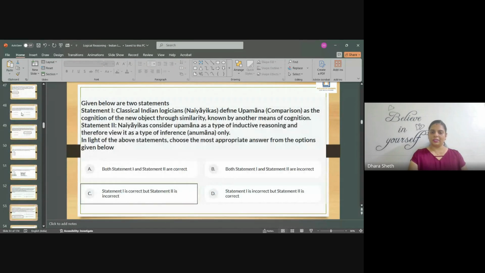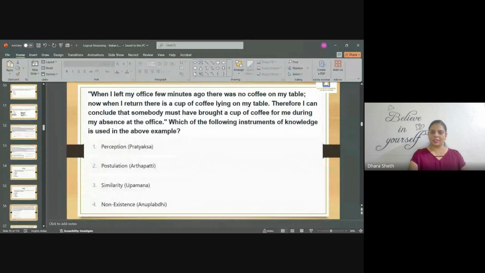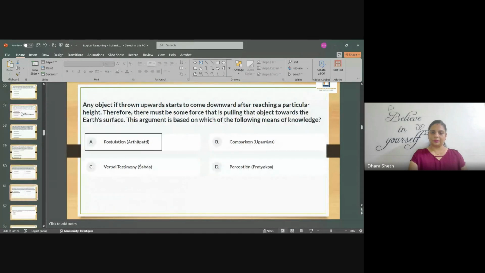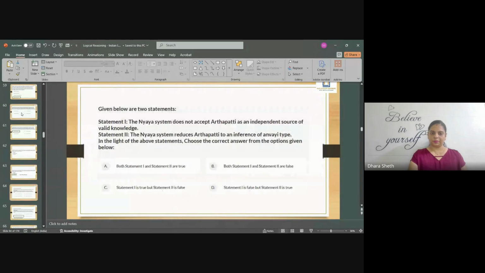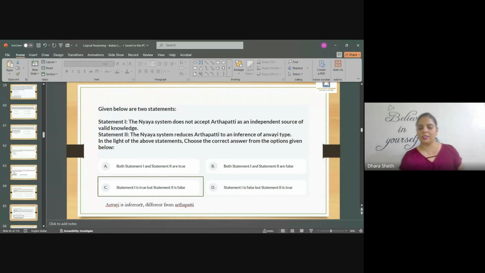So here, based on this, anvay is inference. Keval anvay, keval vyatireki, anvay vyatireki. It is different from arthapti. And Nyaya system does not accept arthapti. It says that that is not valid. Clear with this? Okay.